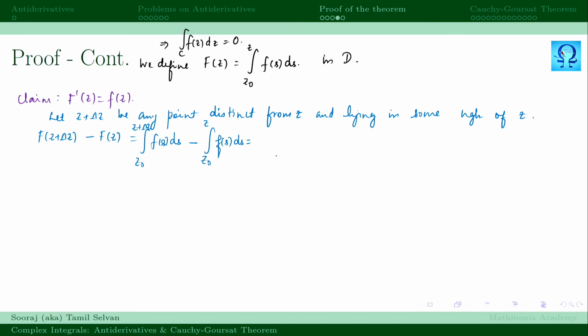So if you just see what you can write about these things. I shall have this as the integral z naught to z plus delta z f of s ds plus the integral z to z naught f of s ds. Again using the properties of contour integration or usual integration, this turns out to be the integral z to z plus delta z f of s ds.